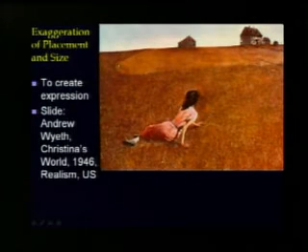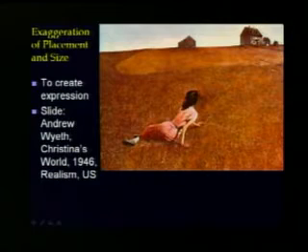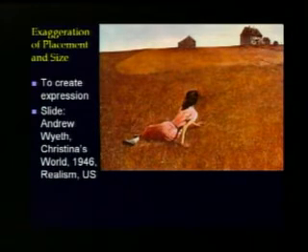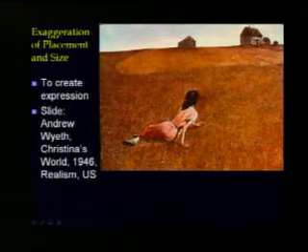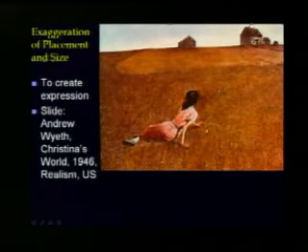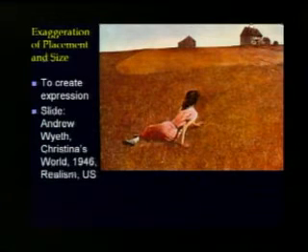He also makes it very small. So again, that just augments the idea that the house is very far away from where she's located in the fields. And so we're supposed to think about how she's crawling in the fields, trying to get back to that house, and we're supposed to empathize with her and understand how difficult her life must be.